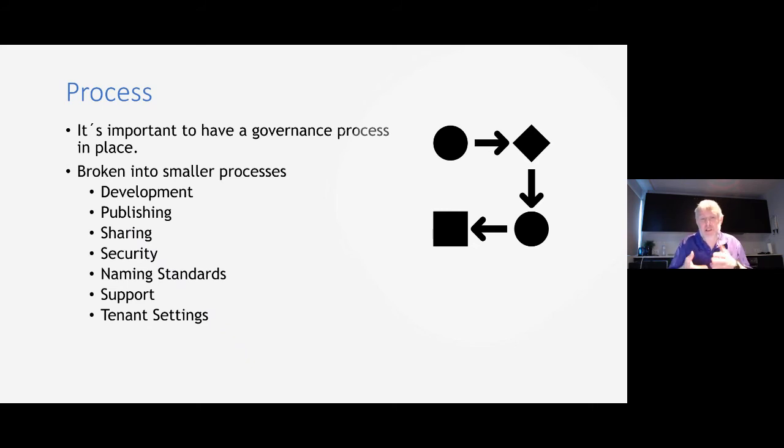Publishing and sharing is usually in one, but it depends a little bit on how your organization is set up. How do you create workspaces? Or if you're not allowed to create workspaces, what is the process of having one created for you? How should you share? Should you use apps all the time, or are you allowed to do direct sharing? All these different things. Security process: how do you assign people to the workspace, and what do the different roles mean?